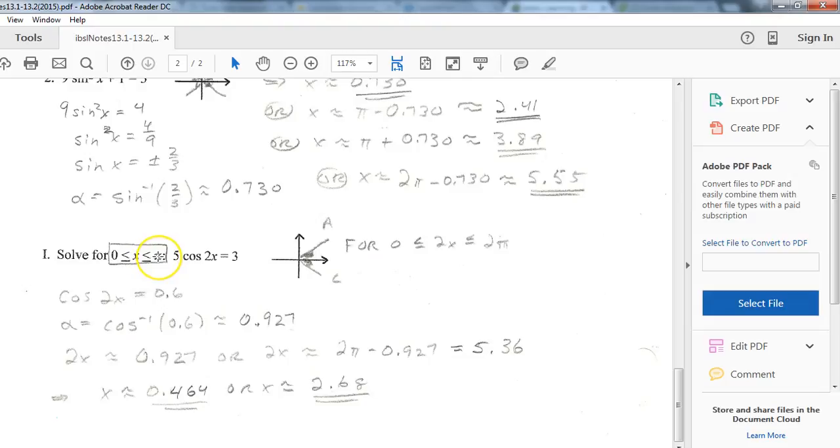It's not less than 3.14. Well, hang on, we're not done yet. So the very last step is to now set all of my answers, this guy and this guy, equal to 2x, my interior function, and solve for x. Now when I divide them by 2, I get this answer and this answer, which are both between 0 and 3.14, and so those are the two answers we're going to keep.